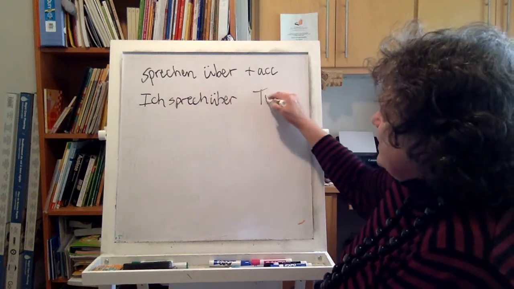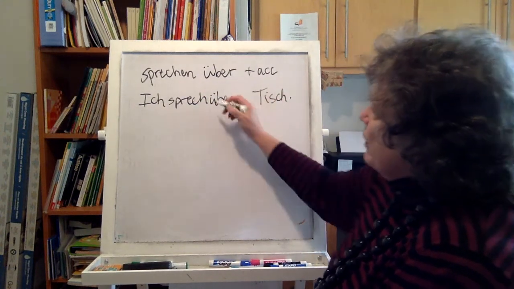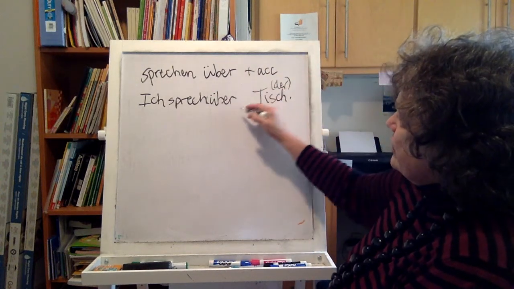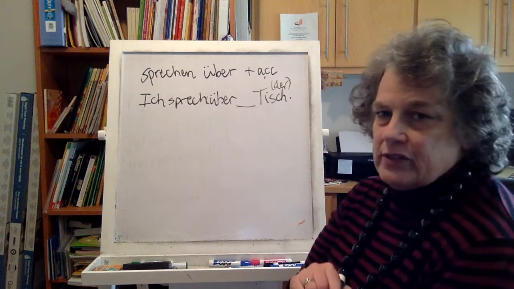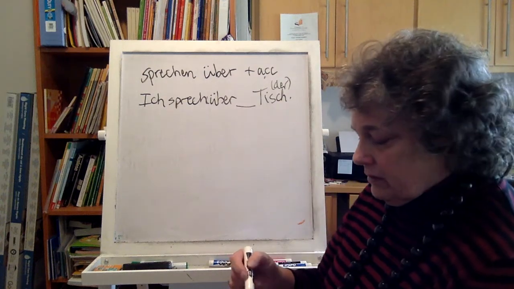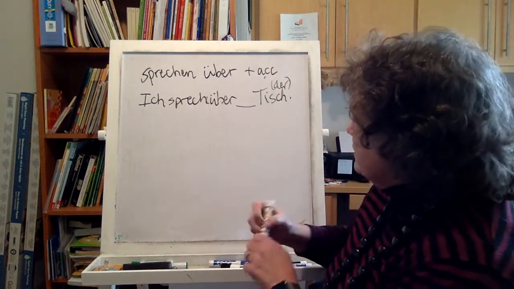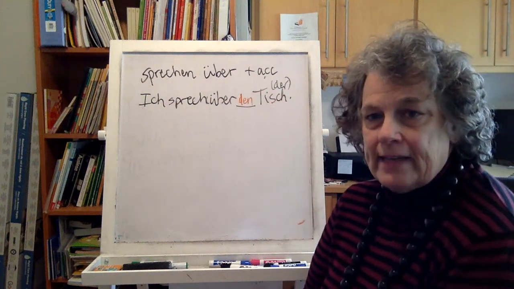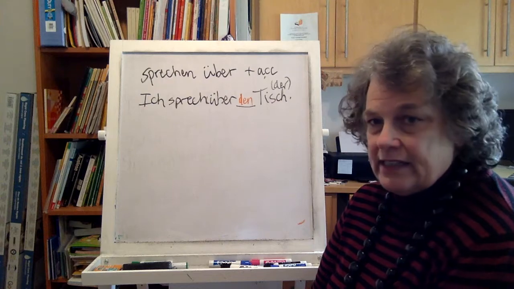Now we have a Tisch. You're going to, I forgot the E, sorry. You're going to remember that this is a der word. So what is going to go here? If it's an accusative, the accusative der is you got it. Den. Okay? That's it. Ich spreche über den Tisch.